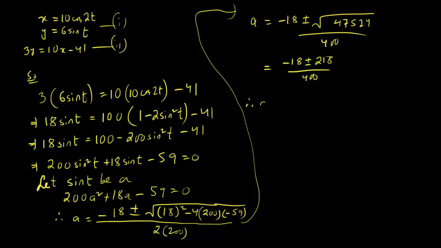So therefore a equals minus 18 plus 218 divided by 400, which is 218 minus 18 is 200. 200 by 400 is half.